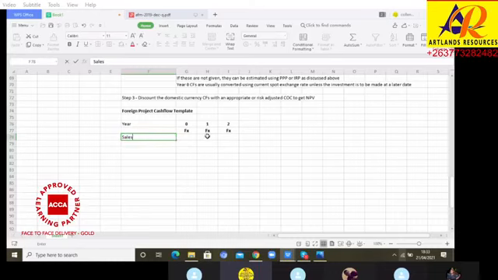Some call it incremental revenue. Notice in year 0 we don't have revenue. Incremental costs. And remember, incremental costs are costs which are directly associated with the project.